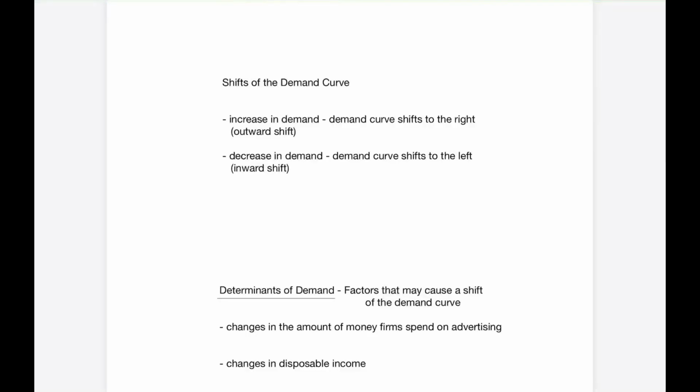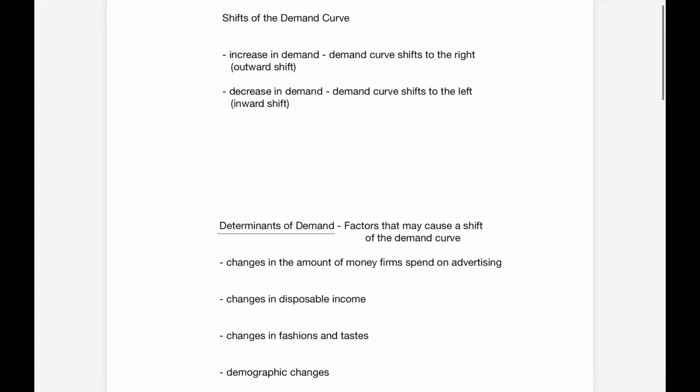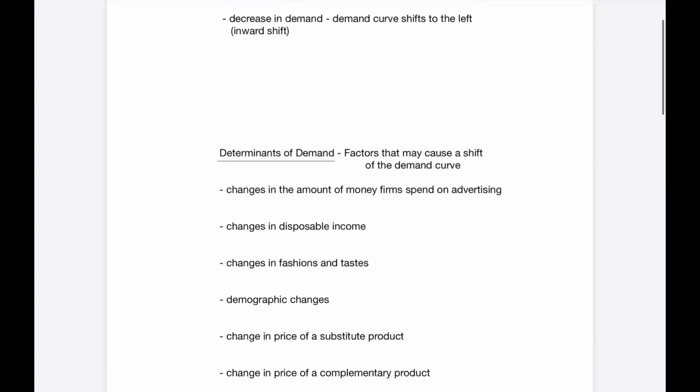In this video, I will be explaining shifts of the demand curve and also the factors that may cause a shift in demand. So in this video, we are going to look at shifts of the demand curve, and then the factors which may cause a shift of the demand curve.